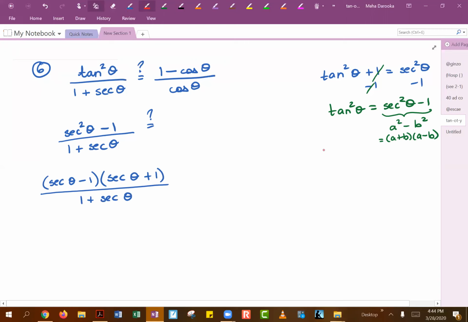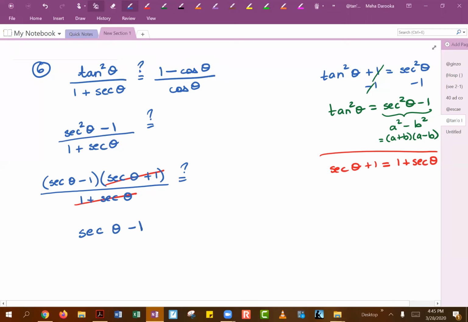So keep in mind, secant theta plus 1 is the same thing as 1 plus secant theta, because my 1 is positive, my secant is positive. So just switching the order does not change anything. So secant theta plus 1 will cancel out 1 plus secant theta. They are the exact same expression. And that leaves us behind with just this value from the top, which is secant theta minus 1.